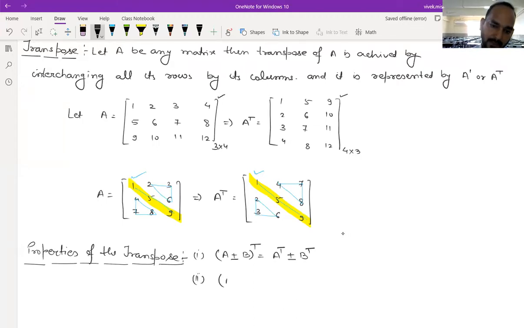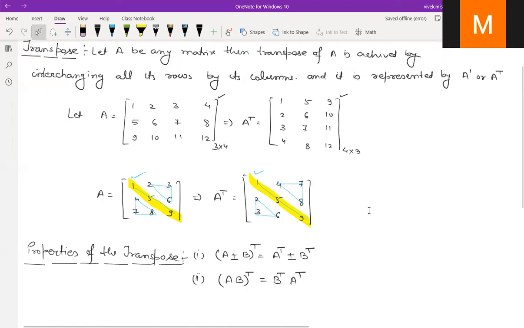Second, A into B transpose is B transpose into A transpose. Fine? Hello? Yes, sir.